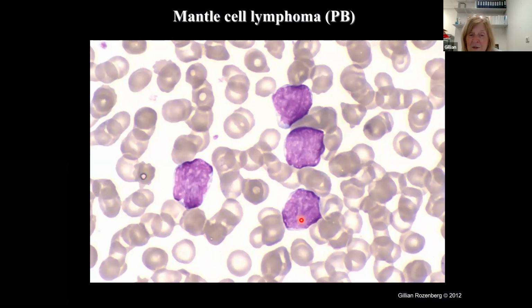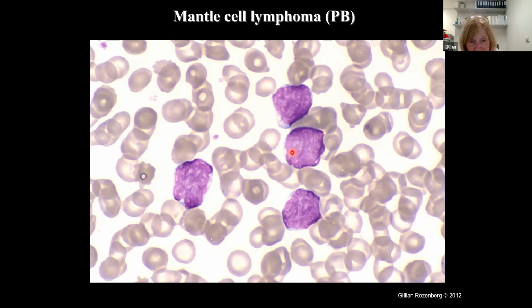So these are classical lymphoma cells in a patient who has got mantle cell lymphoma. There's lots of different types of lymphomas, and if you're a real expert, you can tell the difference on the peripheral blood, but you don't necessarily have to be. What we have to be able to do is recognize these as lymphoma cells because they do have a high NC ratio.